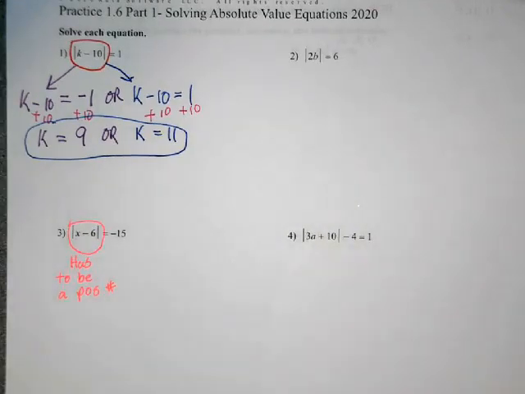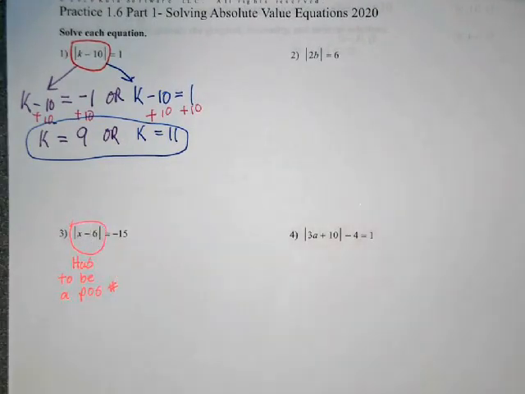Why is it that anything in the absolute value comes out positive in this scenario? What's the definition of absolute value? I'm looking for one word.